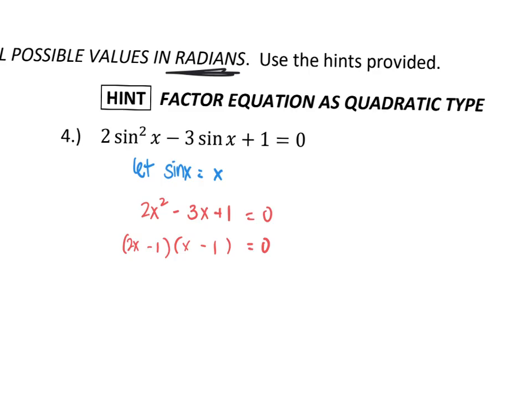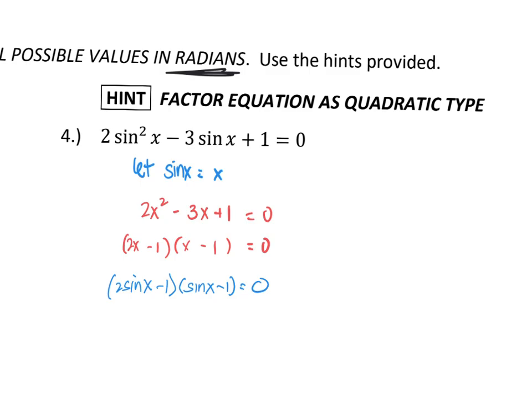All right, now I can substitute sine x back in, which I think was the hardest part, the factoring. So now instead of 2x, my factorization is 2 sine x minus 1, and instead of x minus 1, sine x minus 1.